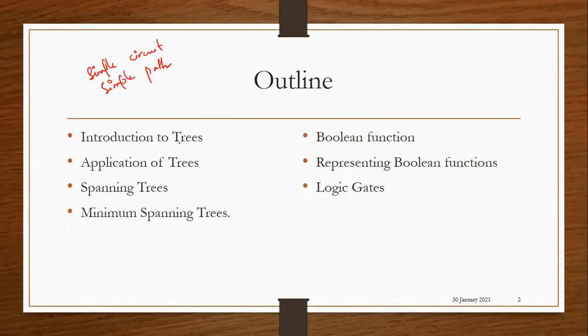So basically, when you want to define the term tree, it is a connected graph that contains no simple circuits. A connected graph, that is, all the vertices of a graph should be connected, but it should not have any cycle in the graph. Contains no simple circuits is called a tree. So this is the basic definition of a tree.